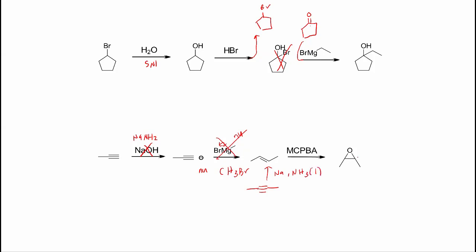And then for the MCPBA, you would get the epoxide, but that would give you the other epoxide. You would get that one. So you want to use the E to get the epoxide. And that one is H2 Lindlar.